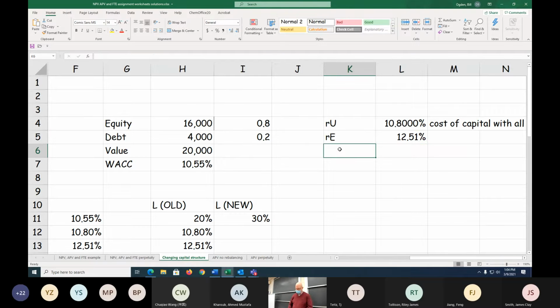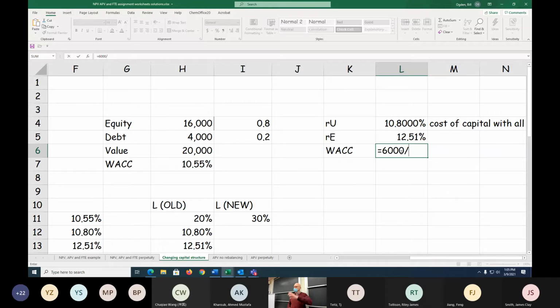And then finally we'll do our WACC. Okay, and here we go, all new values, everything new. So it will be the 6,000 of debt, divided by, now we didn't change the total value, right? It's now 6 plus 14 instead of 4 plus 16.